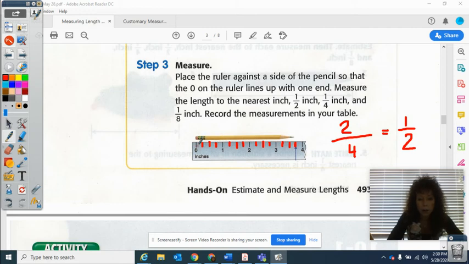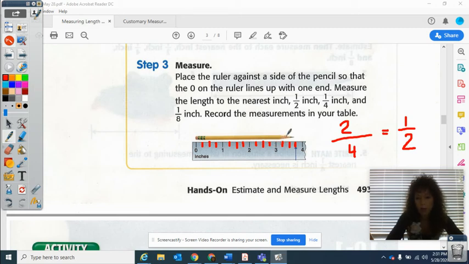Okay, so here I have 0 inches. I have 1/4, 1/2, 3/4, 1. 1 and 1/4, 1 and 1/2, 1 and 3/4, 2. So remember, a fraction is in between the whole numbers. It means it's a little bit more than a whole number, but a little bit less than the next whole number. So we have 2 and 1/4, 2 1/2, 2 3/4, 3.